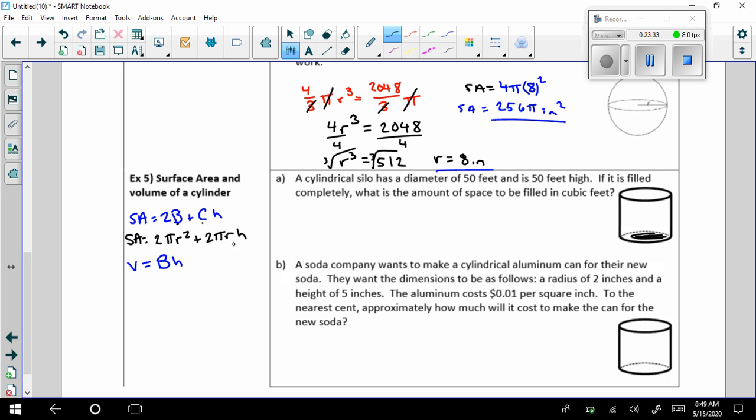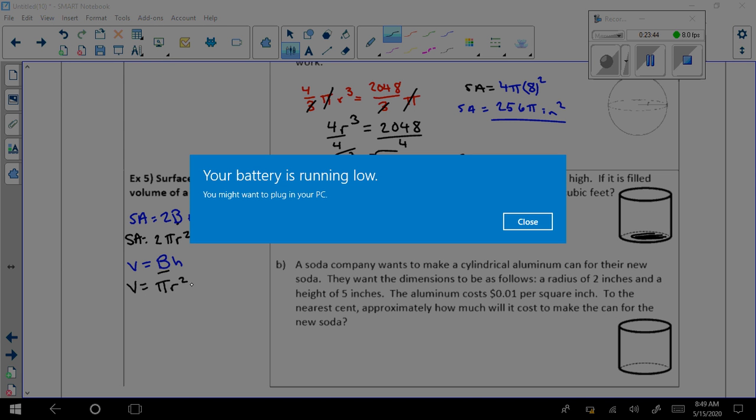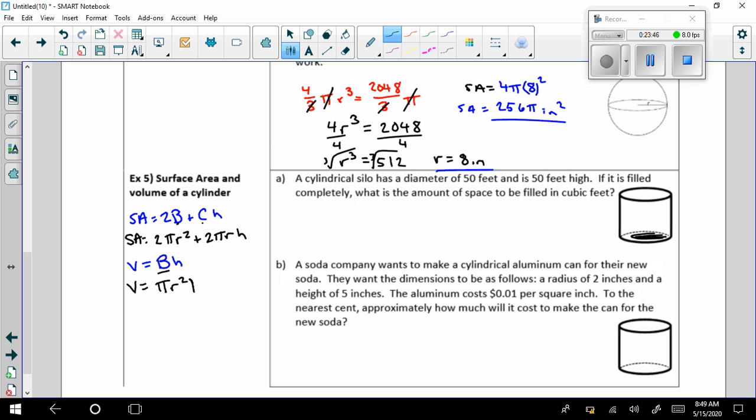Or you could say pi dh if you have the diameter given to you. Same with volume. I always learned it as pi r squared because that is the area of the base times the height. And so either way is fine. Depending on what you're given, it might be easier to use the volumes.